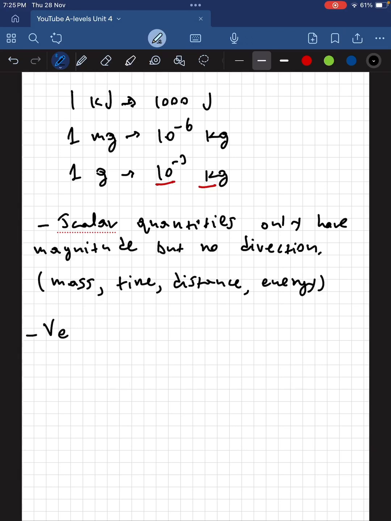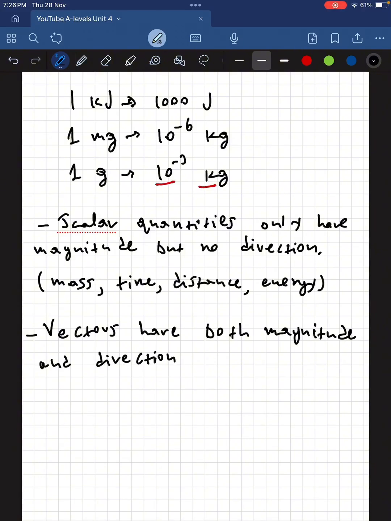And then vectors are quantities that have both magnitude and direction. For these quantities, you need to specify a direction. So let's say that I'm traveling with velocity 10 kilometers per hour.